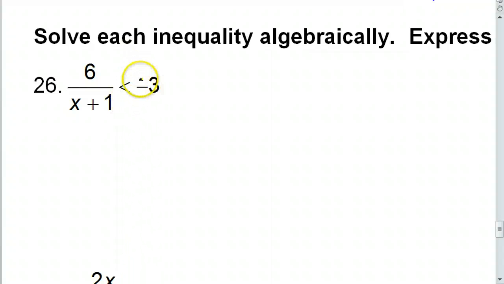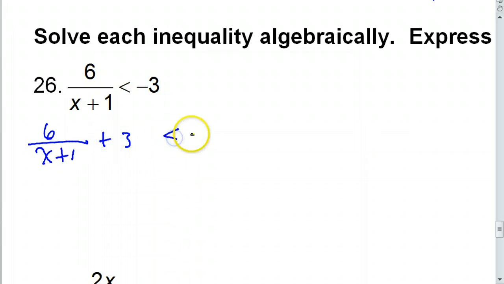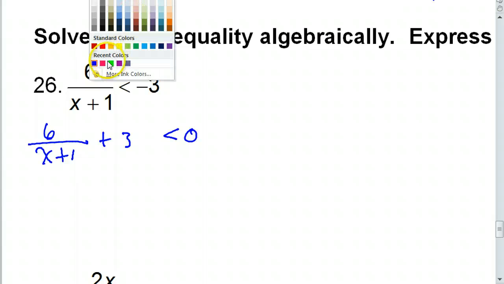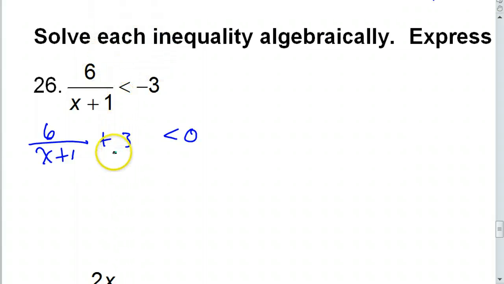For inequalities, we need to get 0 on one side. So I hope you'll accept, I'm just going to do that in my head. So I'm going to have 6 over x plus 1 plus 3 is less than 0. Now, for inequalities, we will not multiply through by x plus 1 and cancel out the denominator like we do for equations. Oh no, we're going to make like denominators like we do when we're just adding. So I'm going to give this the x plus 1 and do the same thing in the numerator.